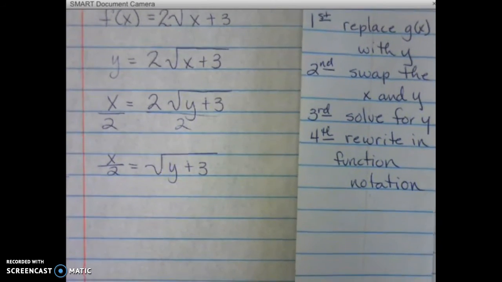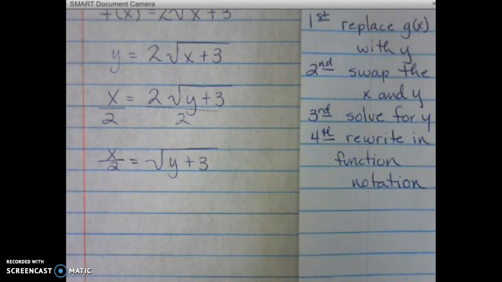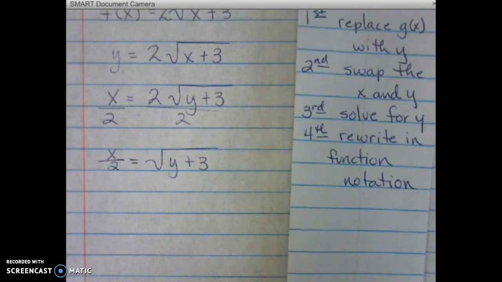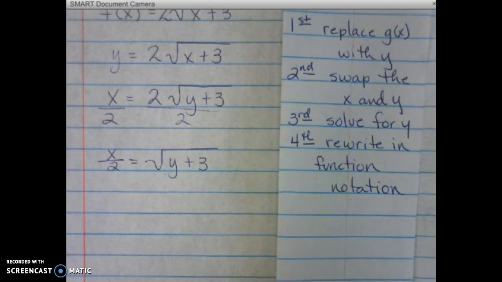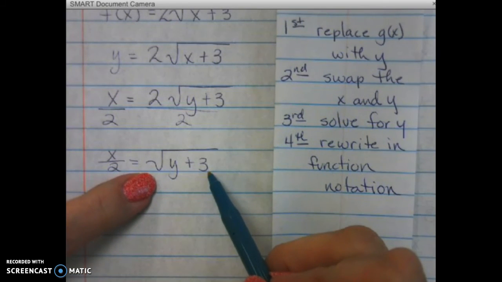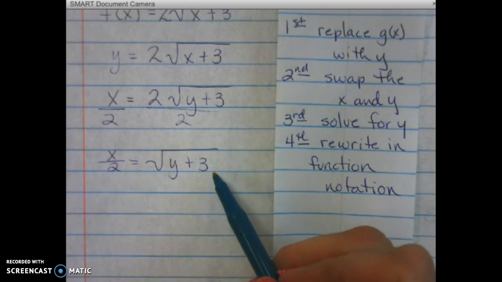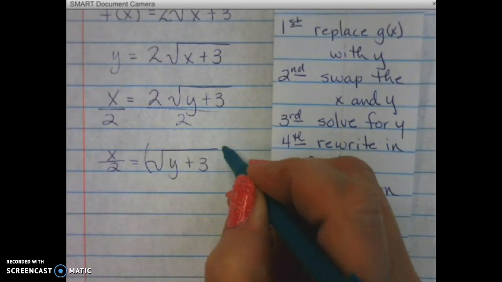Again, I need to keep going so that I can solve for y. On the outside, I have a square root. The inverse of a square root is to square it.